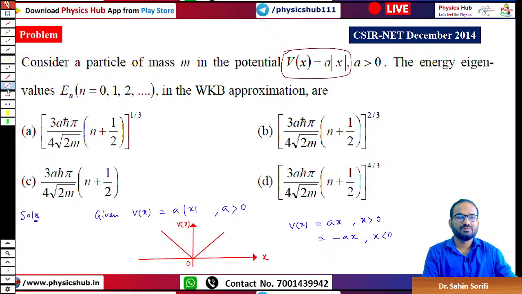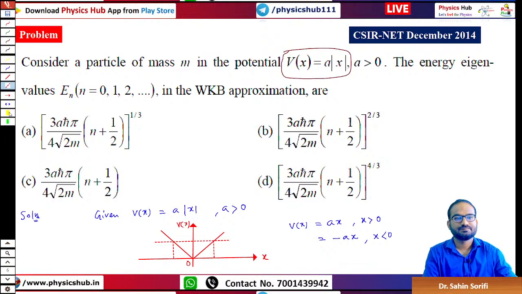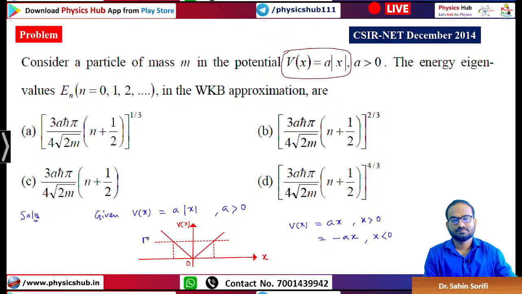Now what we have to do? We have to take the energy values. Let's say the energy is this. It is cutting at two points, x1 and x2.